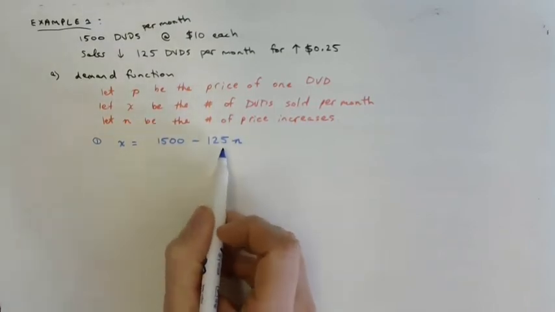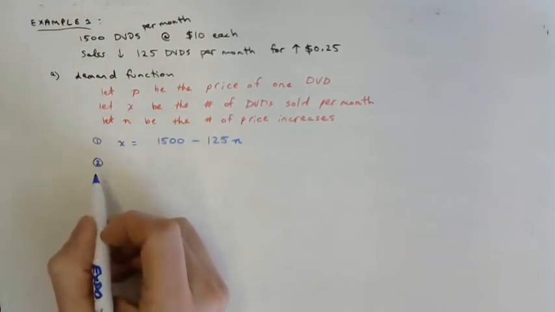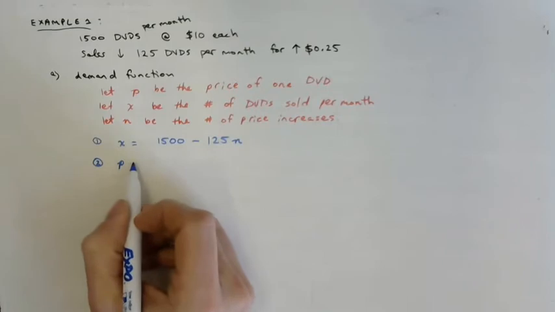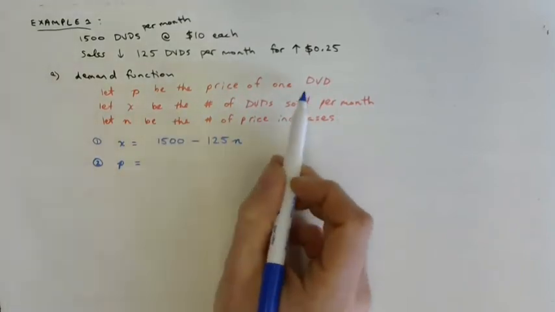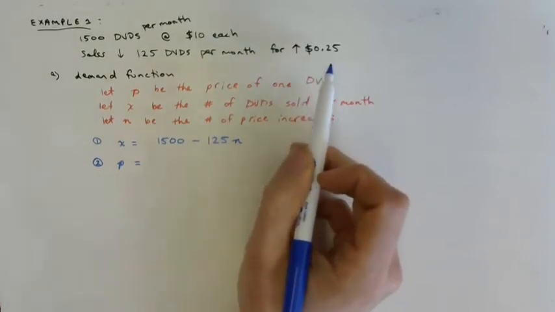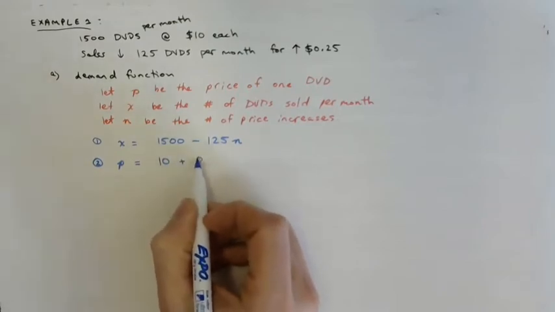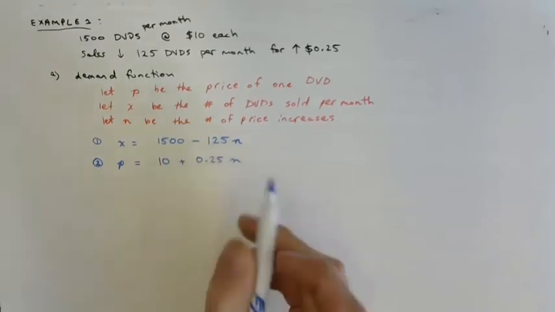So 1,500 minus 125n. The second equation that we can come up with is p. p is the price of 1 DVD. The price is also changing. The price is going up 25 cents every n. So we start at $10 and we go up 0.25n.